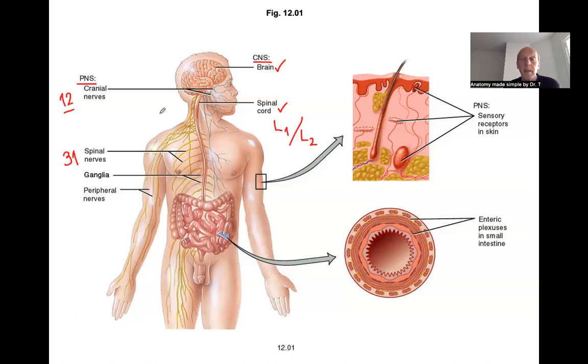Then thoracic nerves are those ones that are originating from the thoracic region of the spinal cord, and then we have lumbar nerves, and then we have sacral nerves, and the last, 31st pair is called coccygeal nerves, because we have two of them, one going to the left, one going to the right.